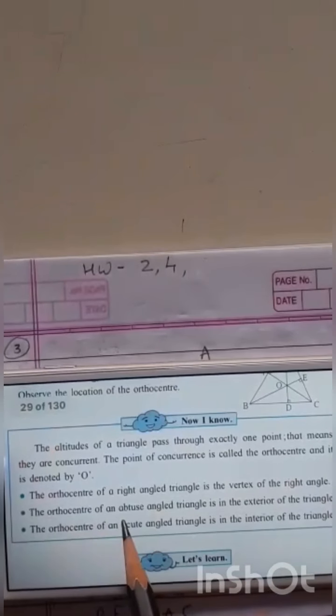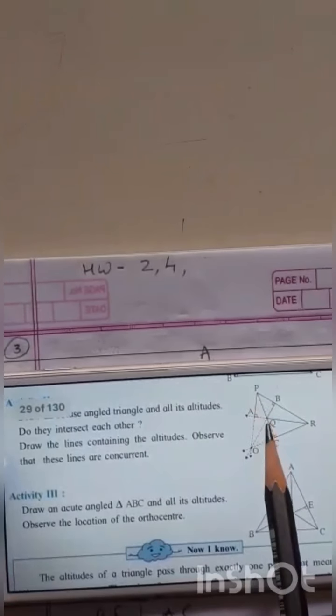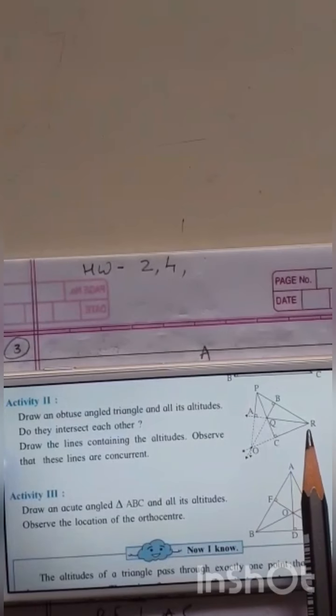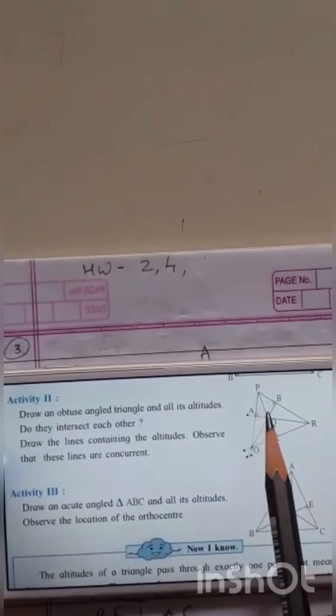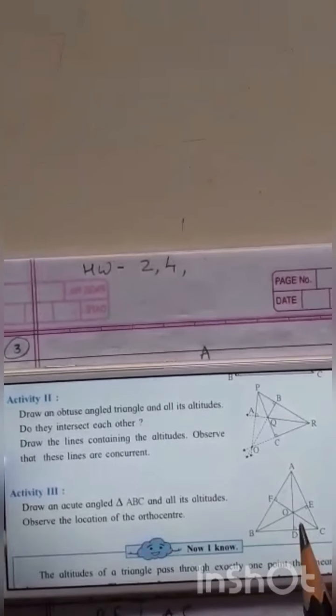In an obtuse angle triangle, the orthocenter is in the exterior of the triangle. Exterior means outside of the triangle. Now this PQR was our obtuse angle triangle. Can you see this orthocenter outside this triangle?